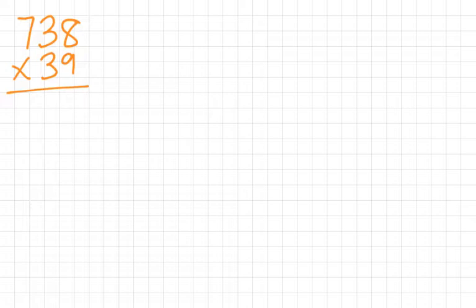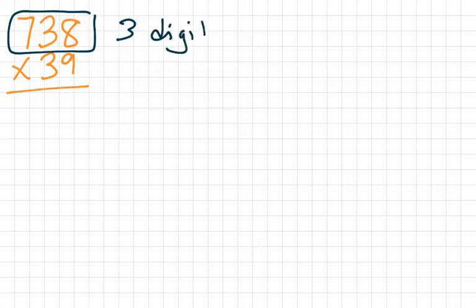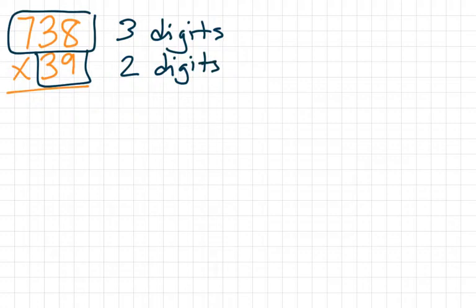So what we do is we look at this. This number here has 3 digits. It has a ones, a tens, and a hundreds. So it's 3 digits. This number here has 2 digits. And so with the lattice method, we create a box.